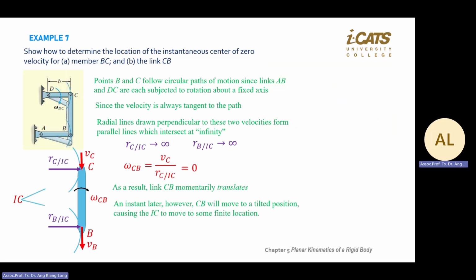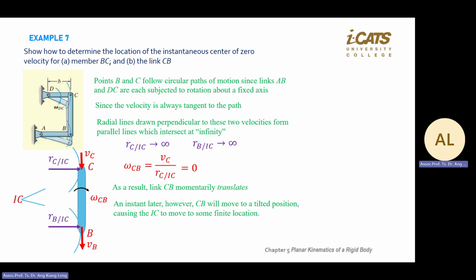This one is some drafting work, because if this link were longer, the point C would be going up. Then you will see the velocity pointing this way, and you get IC over here.